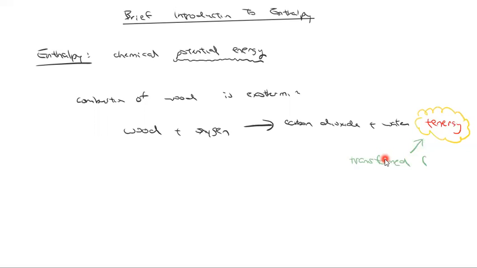So we need to think about where it got transformed from. Since we're taking wood and oxygen and burning it to get carbon dioxide and water, it's chemical potential energy to heat energy. So it's transformed from the chemical potential energy.